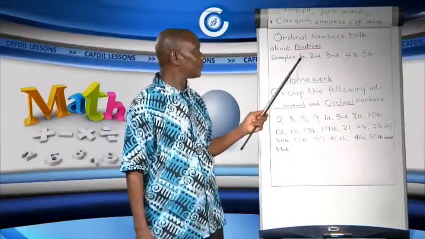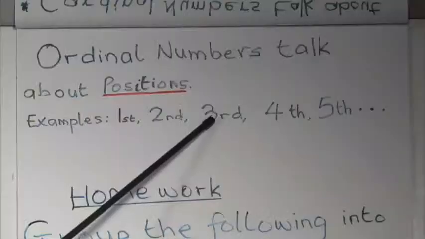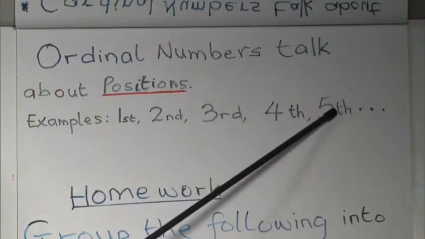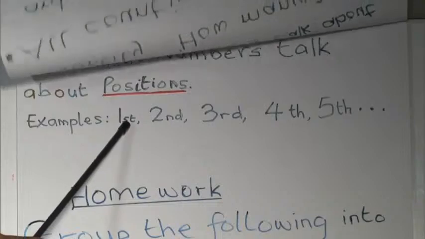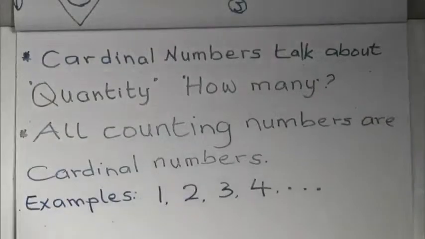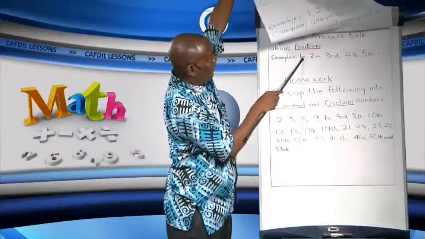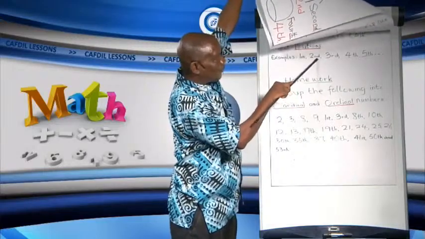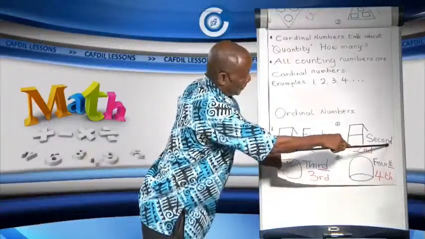First, second, third, fourth, fifth. See the ST. ST, first. 2, ND. Second, the last 2 letters, ND. That's it.